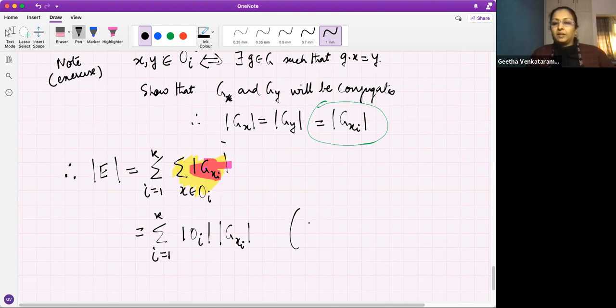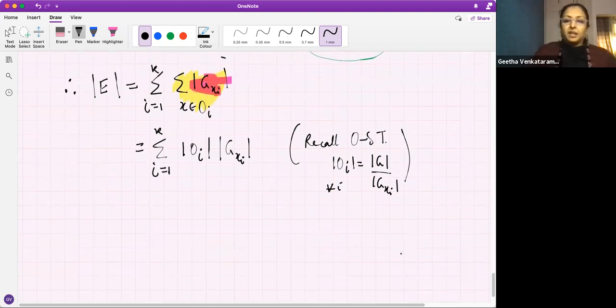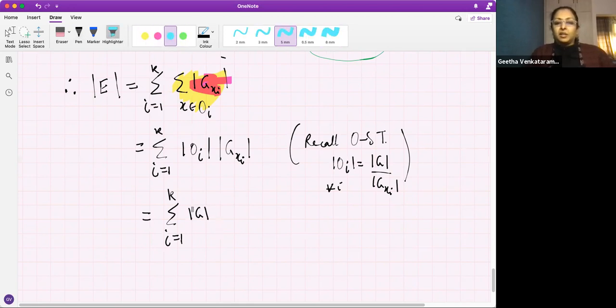But recall the orbit stabilizer theorem. It says that order of Oi is nothing but order G upon order Gxi for all i. So if I utilize this, order Oi into order Gxi is order G. So this is nothing but the summation i equal to 1 to k of order G, which means this constant order G, I am adding it k times.